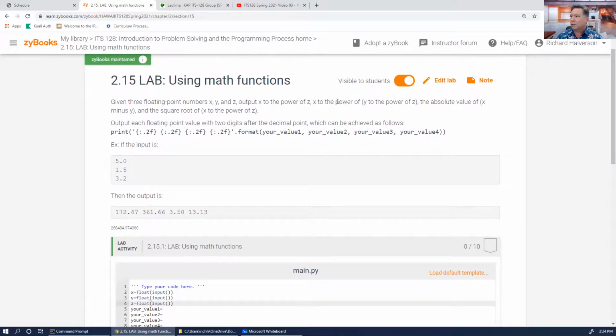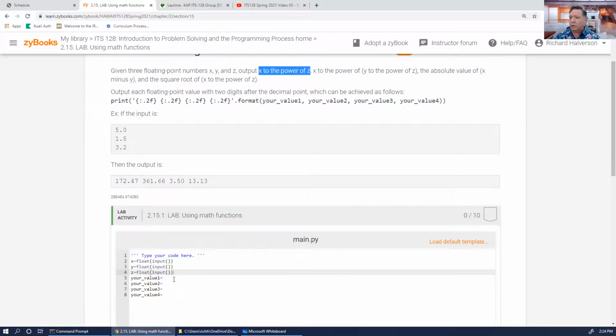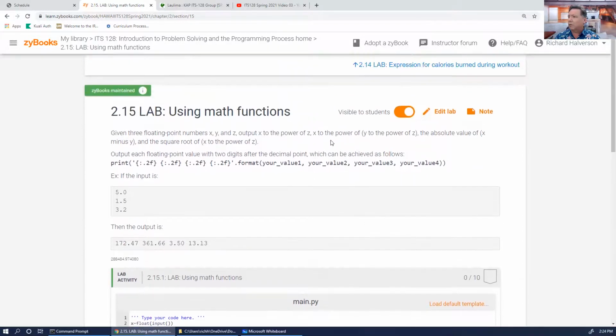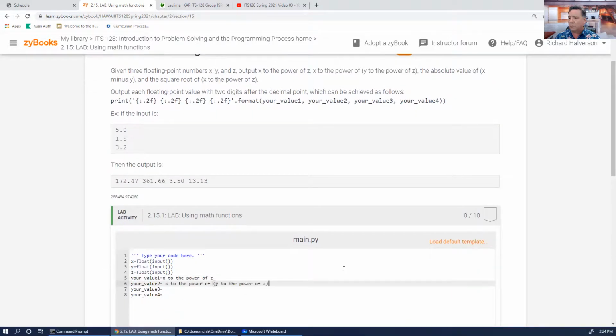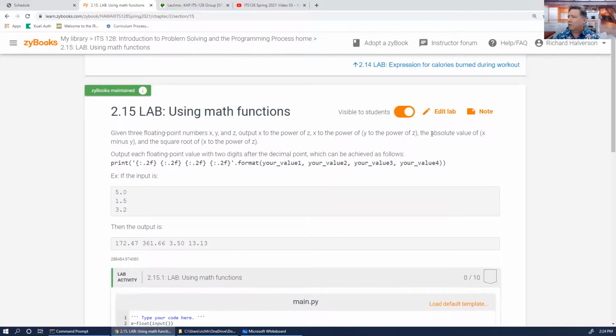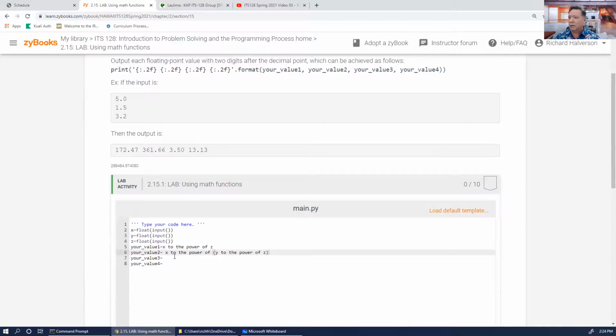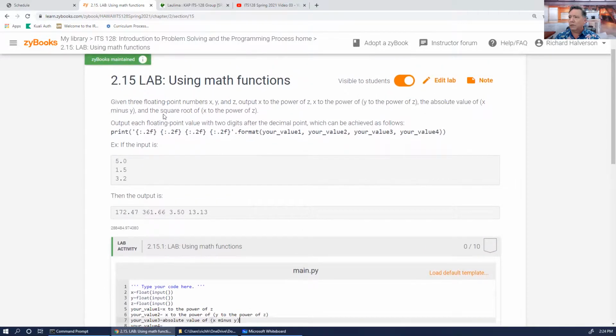Now I can take these things, and so output x to the power of z, output x to the power of y to the power of z, the absolute value of x minus y, and the square root of x to the power of z.